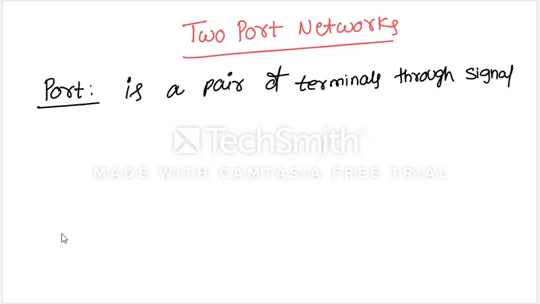Here, the signal means it may be voltage, may be current. Port is a pair of terminals through which signal can enter or leave. See, the signal means what? It may be a voltage, may be a current.